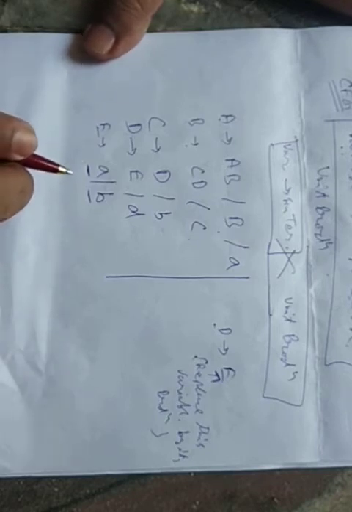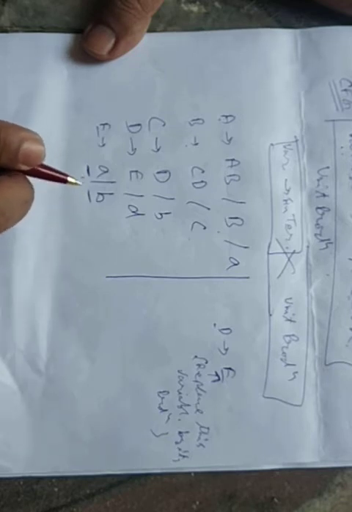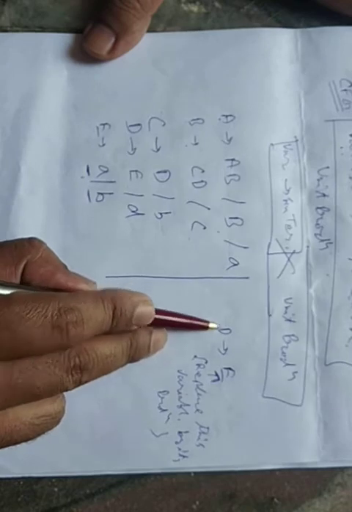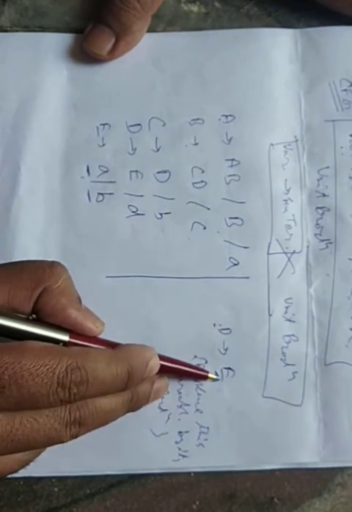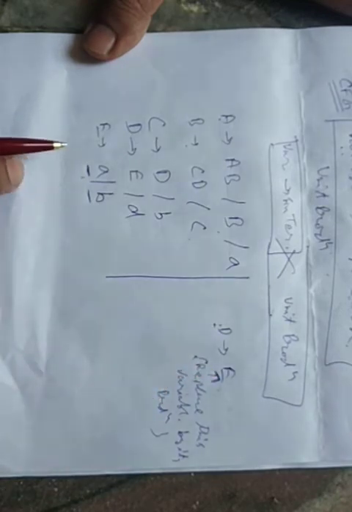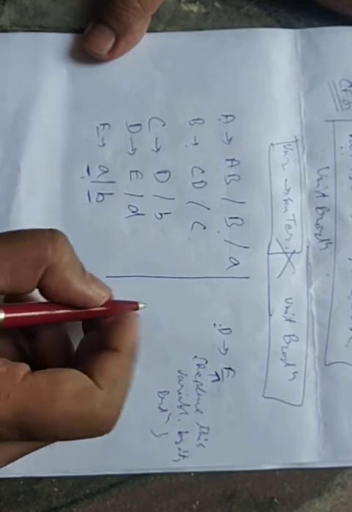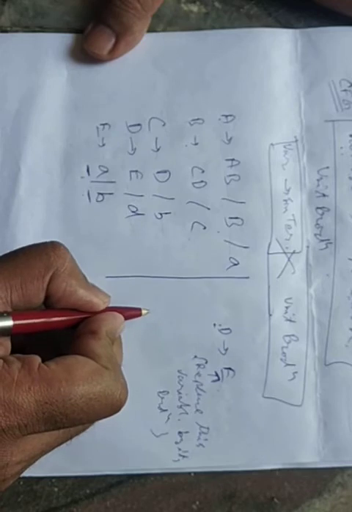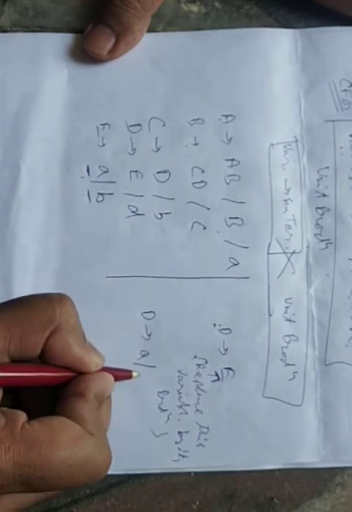Do not pick only one rule. The reason is that once we call D, it is moving towards E, so E can be A, E can be B. Hence I need to utilize both. So this becomes D produces A slash B.